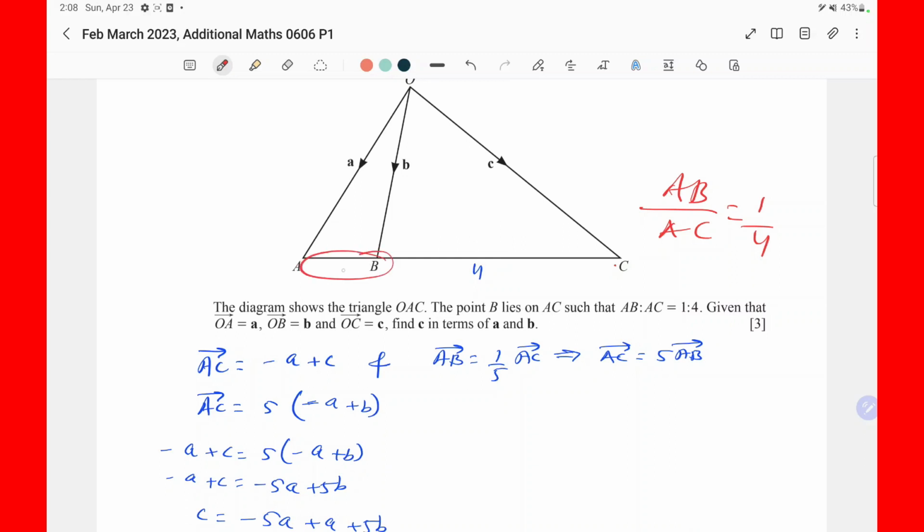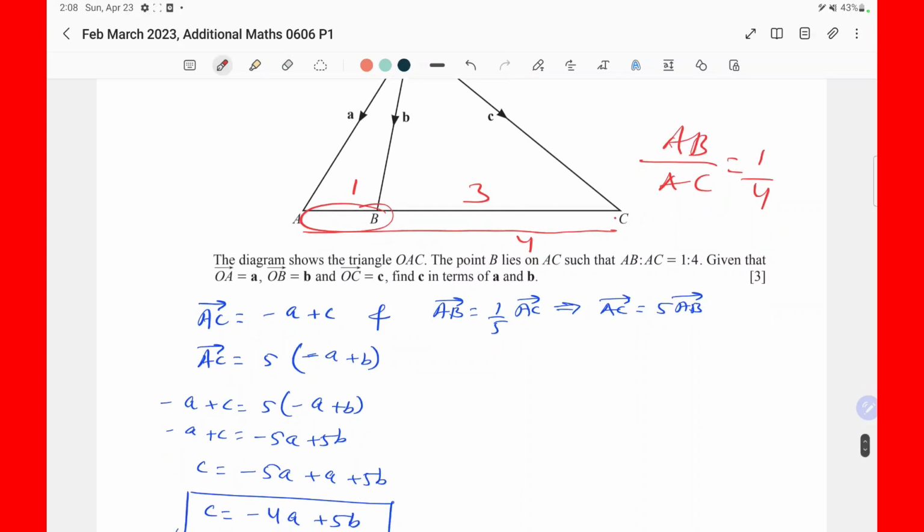This is AB 1 and A to C 4, so this should be 3. We need to correct it. So this should be 3. Okay, we have corrected that.